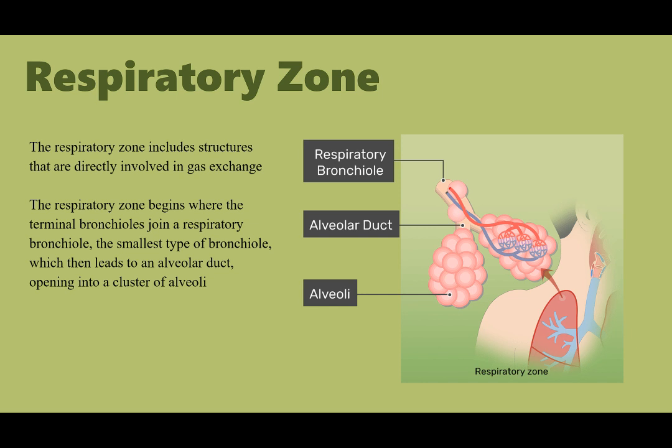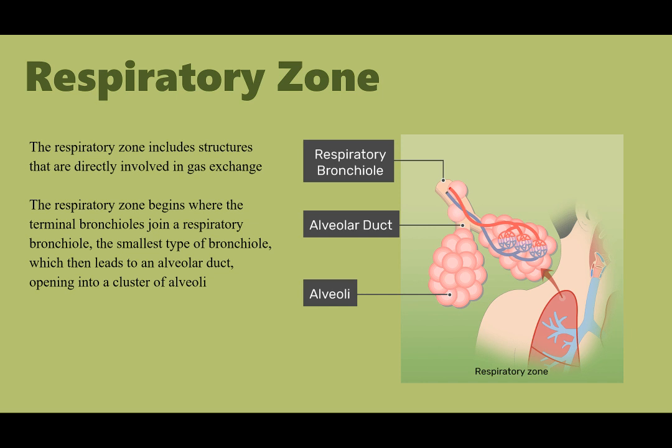The respiratory zone begins where the terminal bronchioles join a respiratory bronchiole. As the right picture shows, the respiratory bronchiole is the smallest type of bronchiole, which then leads to an alveolar duct, opening into a cluster of alveoli.